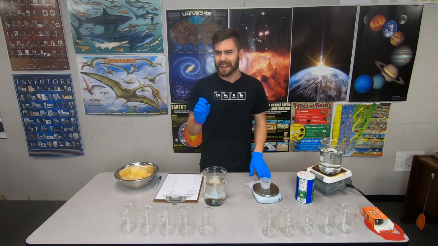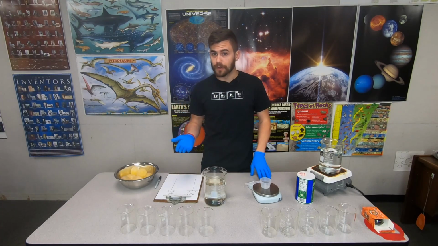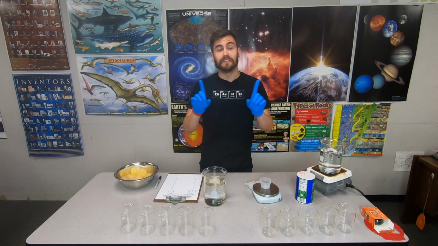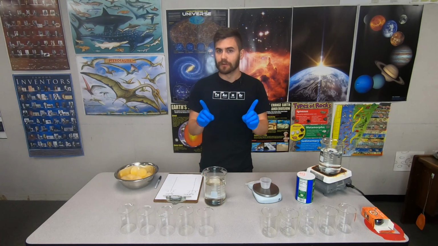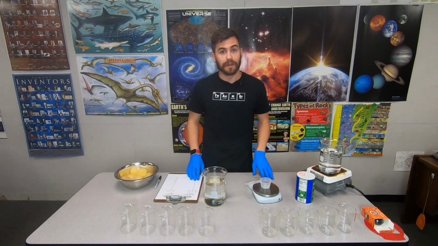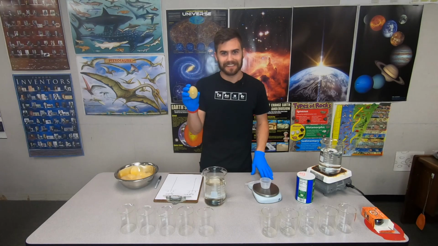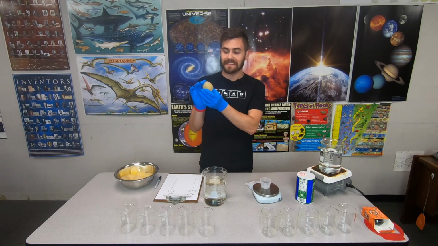So in order to study osmosis, you need a semi-permeable membrane which will let water go across, but will not let your solute move across. Or if it does let the solute move across, the solute needs to move much more slowly than the water does. And what we have to do that is chicken eggs. I soaked these for 3 days in vinegar.